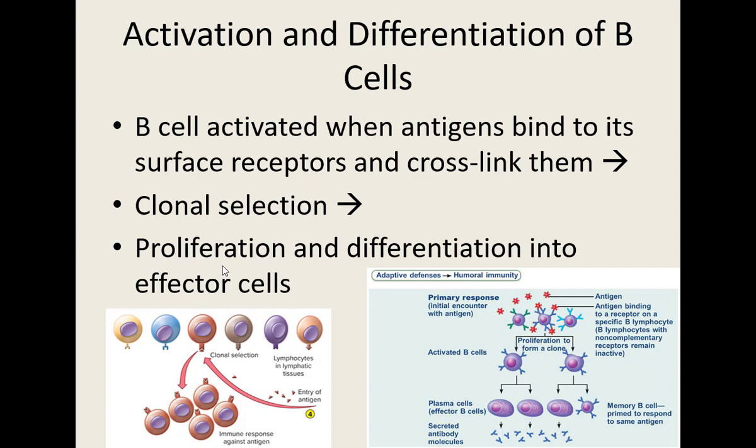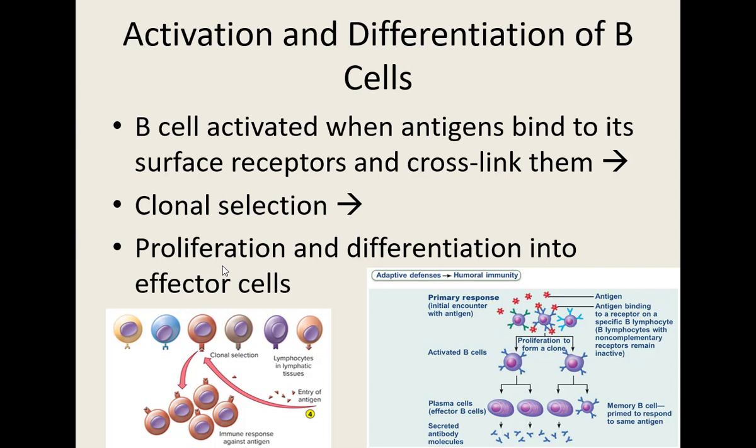So a B cell, once it's activated, can start to make plasma cells. Its other option, so it's my smaller arrow just because there's not as many of them, is to become a memory cell. But most of them will become plasma cells.